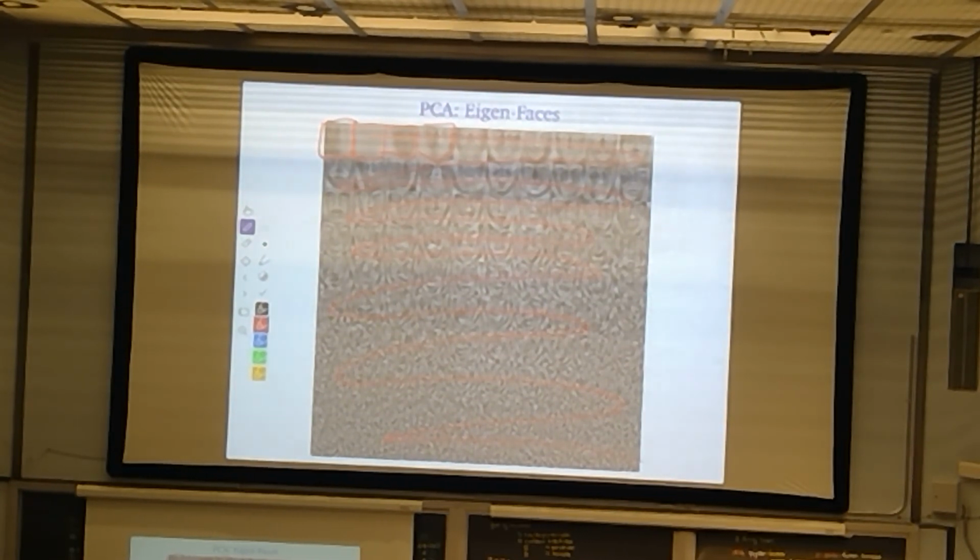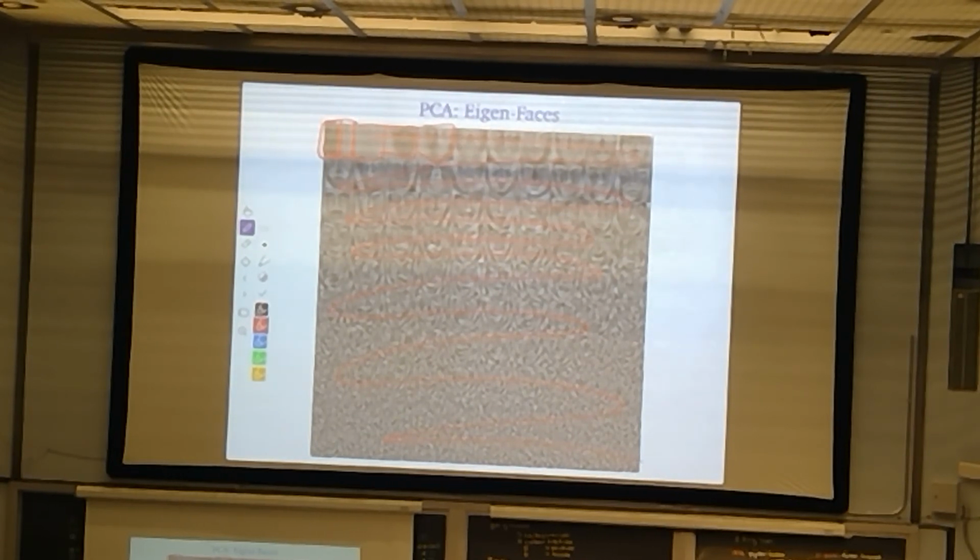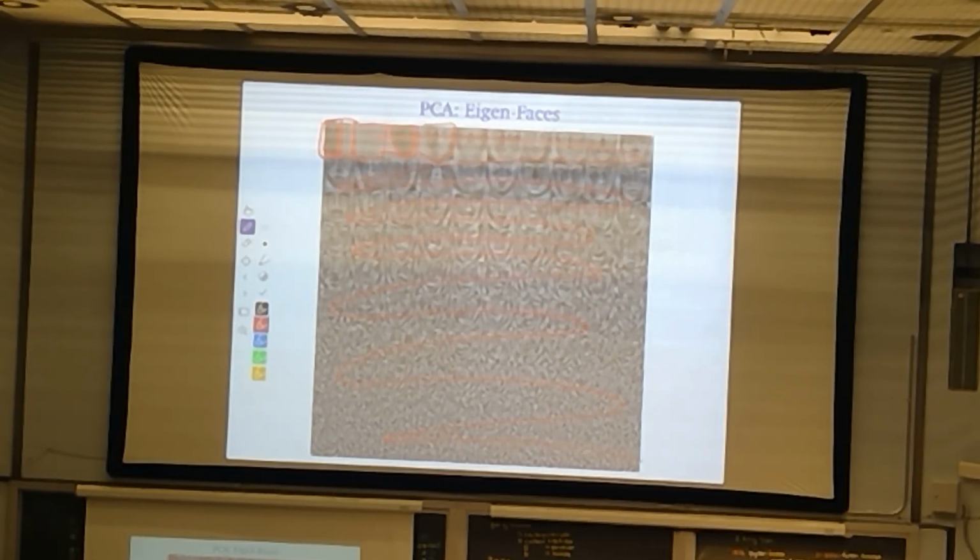For example, this is roughly picking out that the left half is dark and the right half is a little lighter. And this is more like picking out the shape of the face. Then I have some small variations here and there, and later on, all the frequencies focus on little details. That's the nature of PCA.